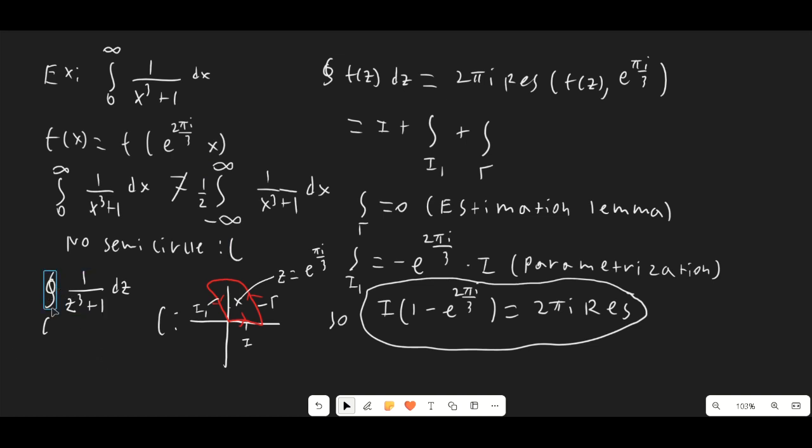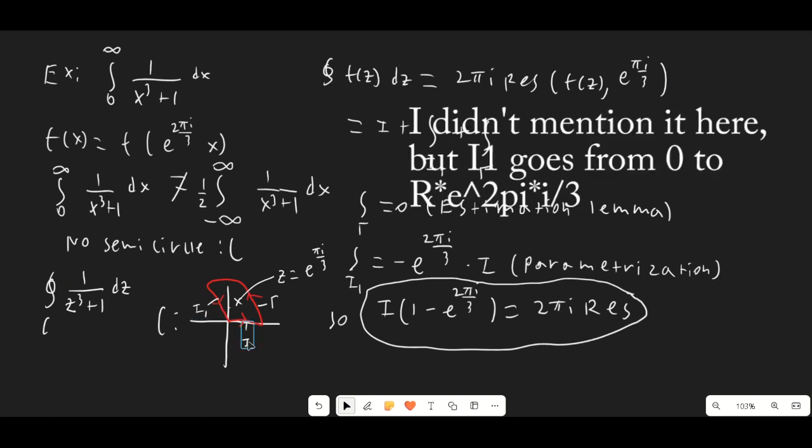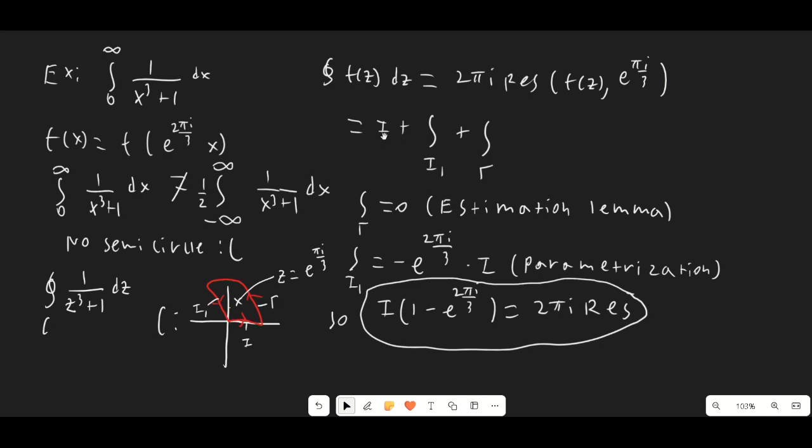So if we consider the contour integral over the circular sector of 1 over z cubed plus 1 dz, we have this I1, we have a pole at z equal to e to the pi i over 3, and we have this gamma contour, of course. So the integral of f of z dz is going to be 2 pi i times the residue at that point, and it's going to be equal to our integral I, which is the integral over the real axis, plus this integral over I1, plus this integral over gamma.